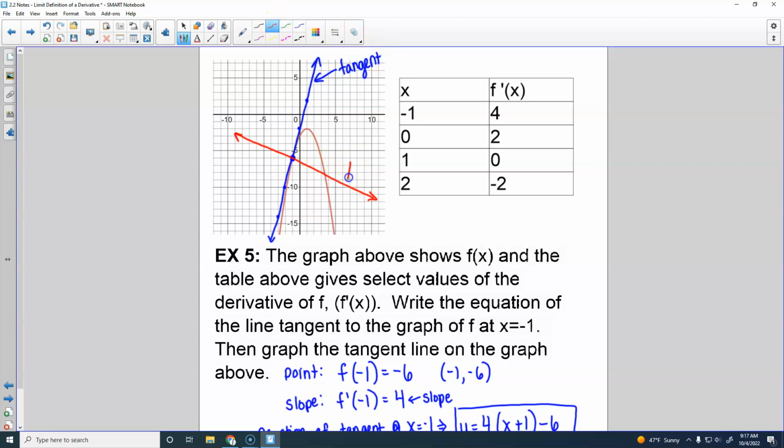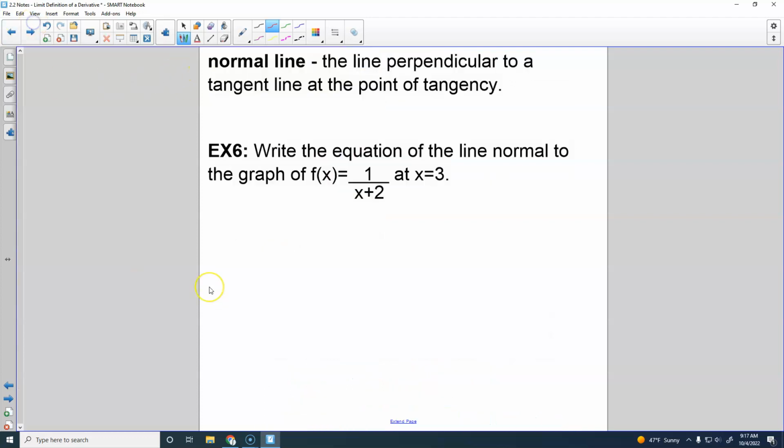The normal line is perpendicular to that. So the steps are going to be almost the same. For this problem, just to give us, well, let's see, do I want to do that here?